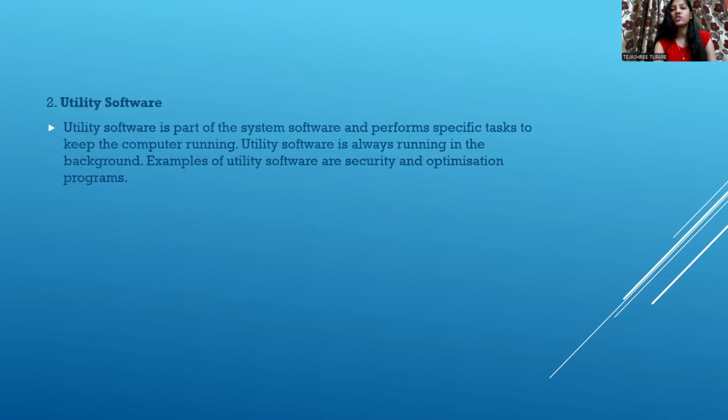Then utility software is also part of your system software. Utility software performs specific tasks to keep the computer running. For security purposes, utility software is installed, and it is always running in the background. Examples of utility software are security and optimization programs. Everywhere you require security.